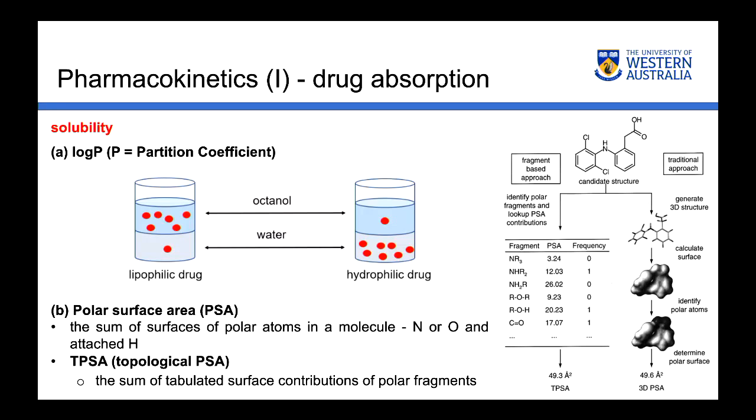On the right hand side, you can see there's a very strong correlation between topological PSA and experimentally determined PSA. So these are the two ways you can use to assess the solubility of the drug, and then determine whether you need to modify the structure so as to improve oral absorption.